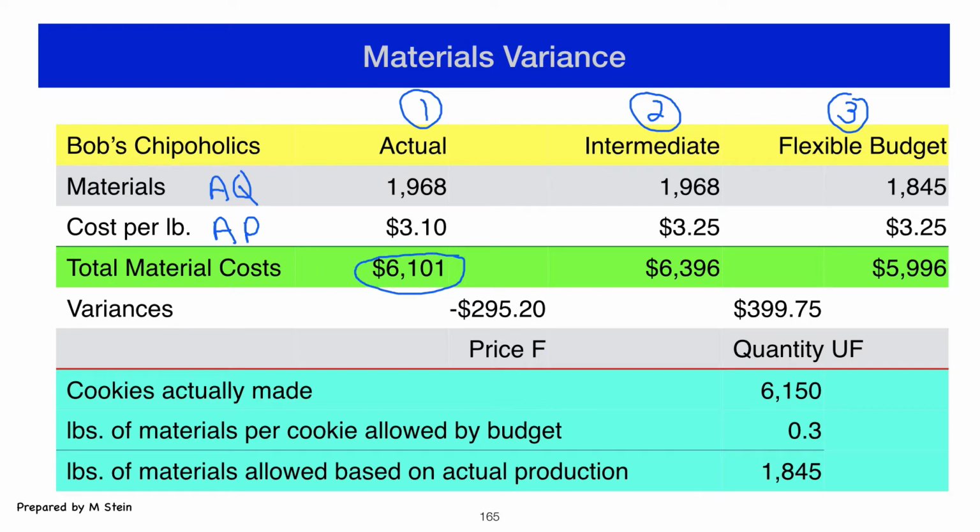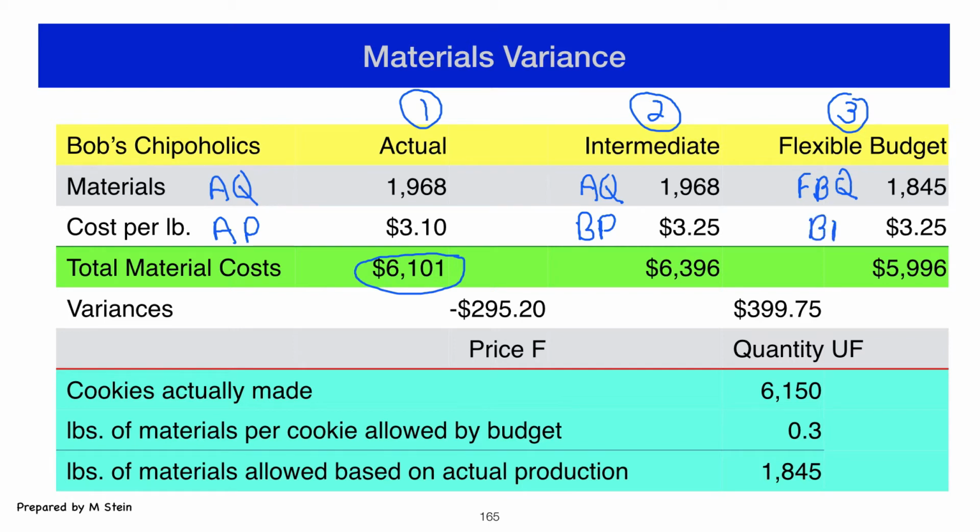The intermediate column has the actual quantity times the budgeted price, and the flexible budget column has the flexible budget quantity, which is different than the static budget quantity, times the budgeted price.